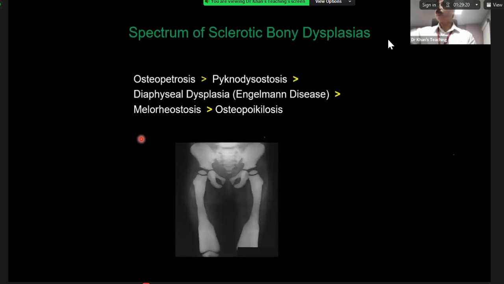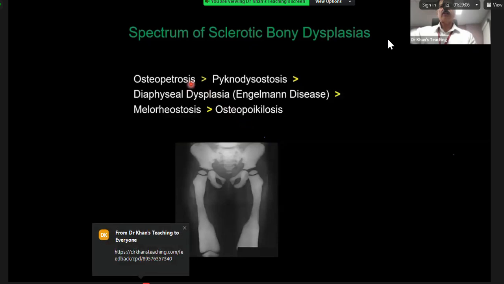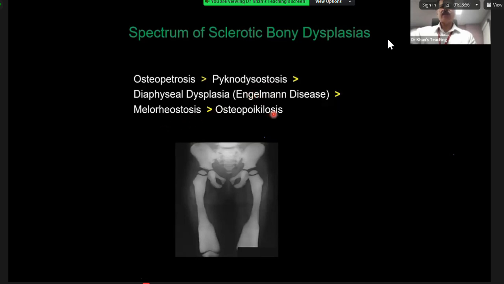And this is a spectrum of conditions, and the spectrum can be from extremely high density of the whole skeleton, versus slightly less, versus more lesser, and lesser. And this is exam case, this is for differential diagnosis, and all of them are exam cases in which there is a spectrum of sclerotic bony dysplasia.